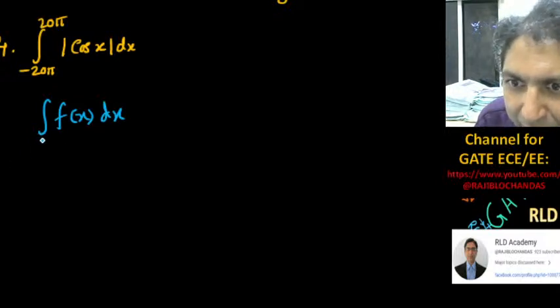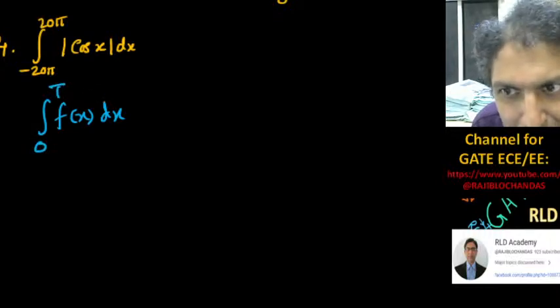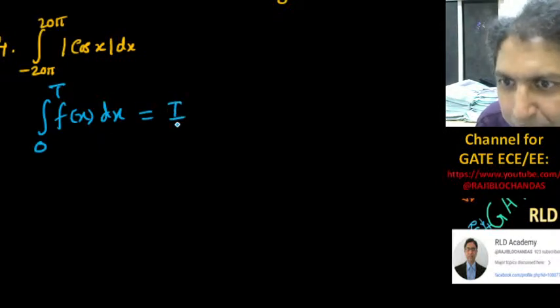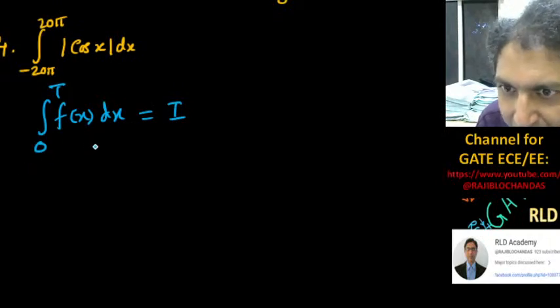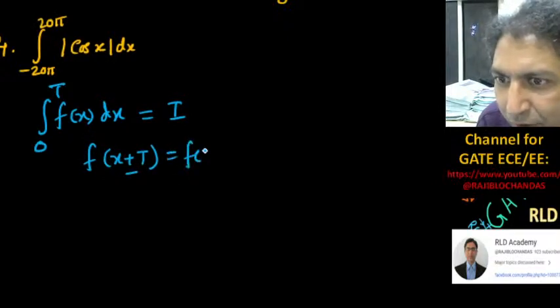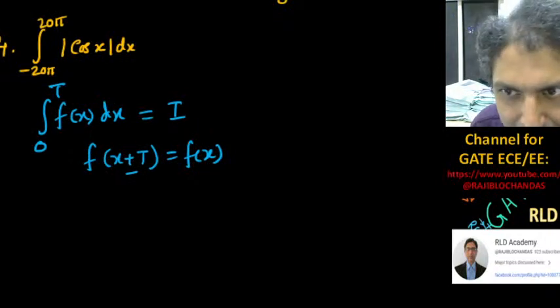So if I consider one function, its value is 0 to capital T, T is the period, then it will have certain value. Now if this value is capital I, now if I repeat these things again, we understand that f of x plus capital T or minus T, that is same as f of x. Its period is capital T.